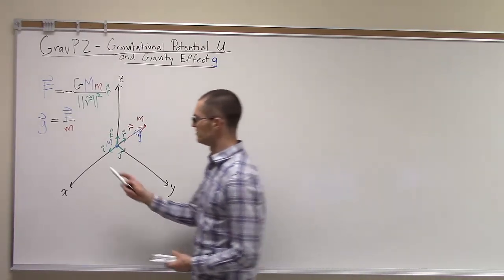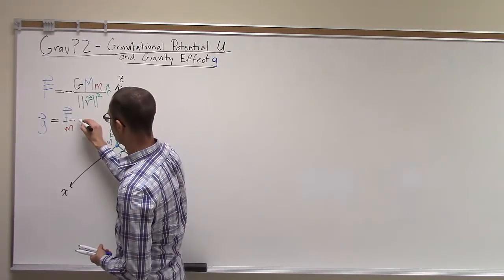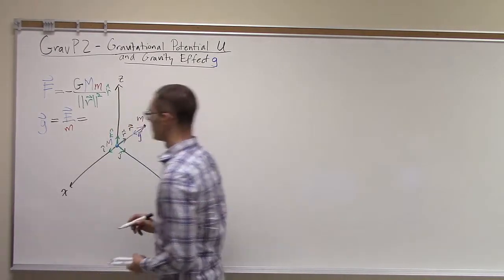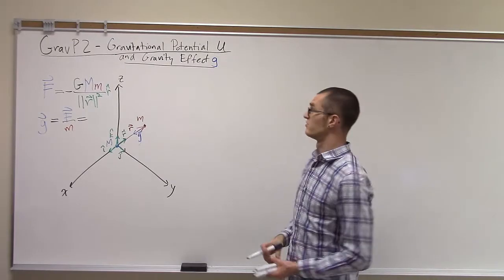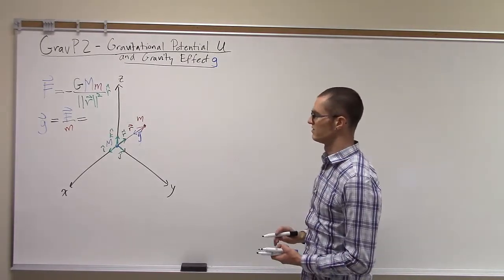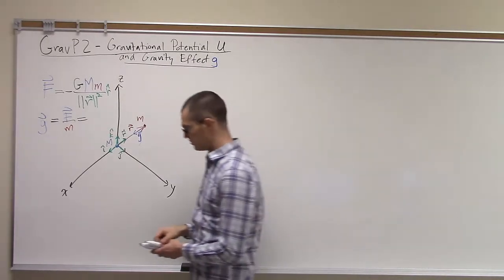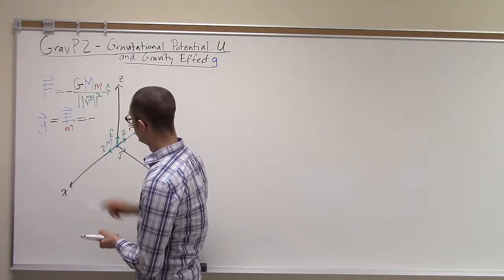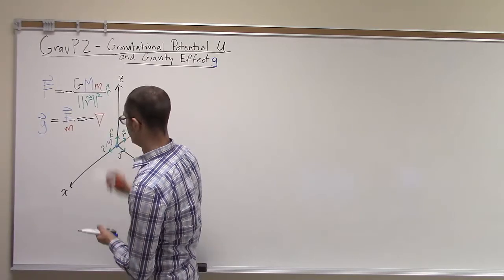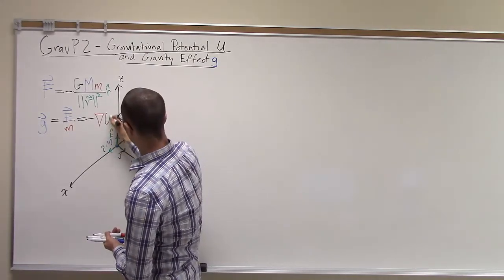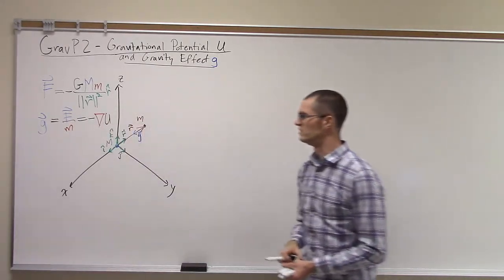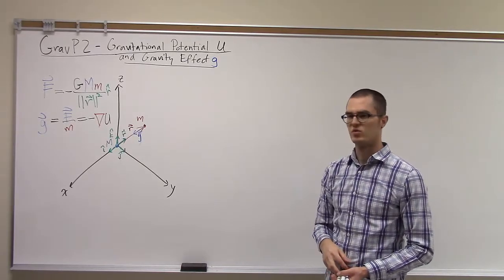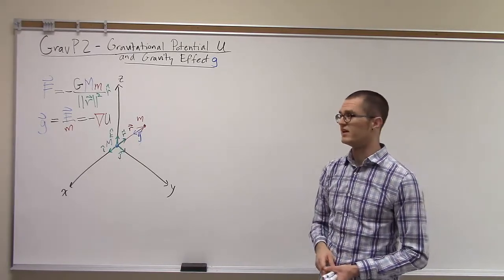So because g is a conservative field, we can actually define it from the gradient of a potential field. So we're going to define what is this U here. So g is the field given by the negative of the gradient of some potential field U. So we will allow g to be defined in that way.